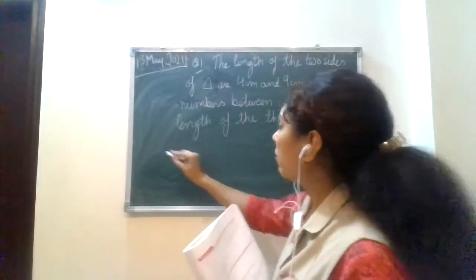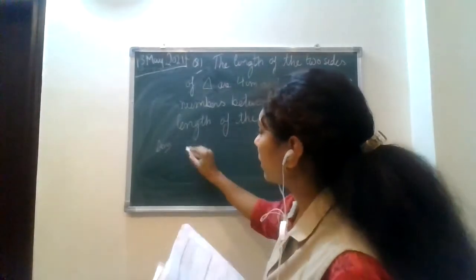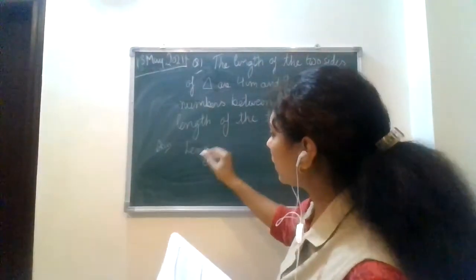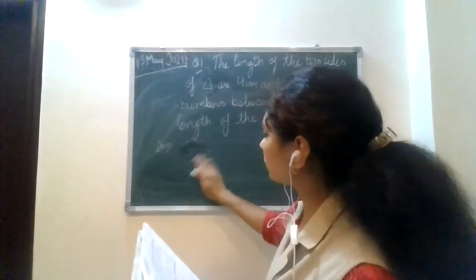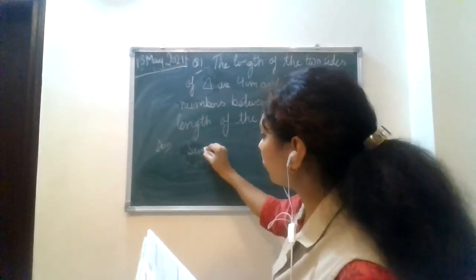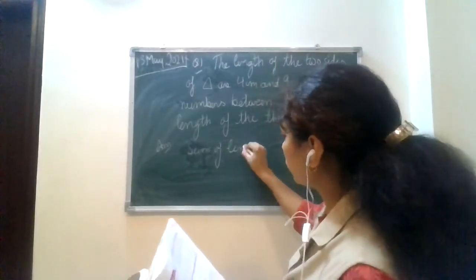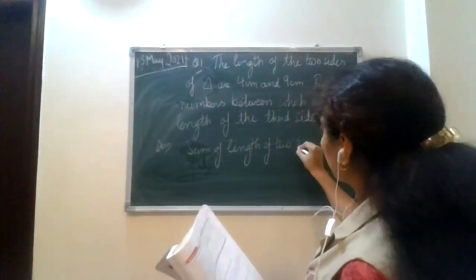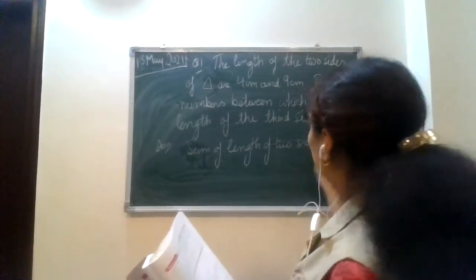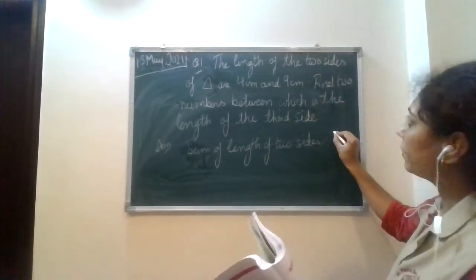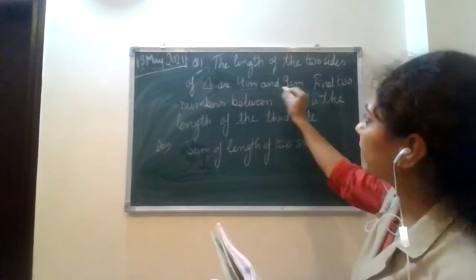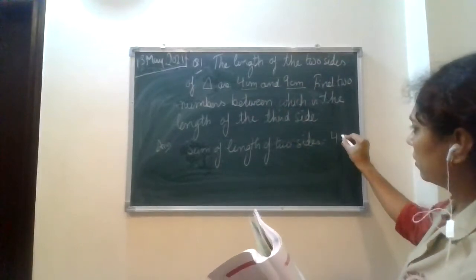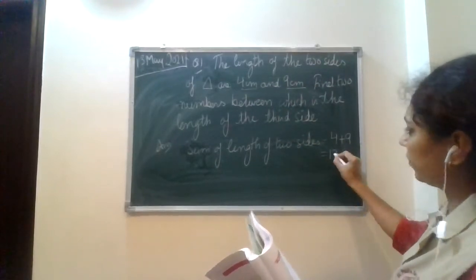In the answer, we will say the sum of lengths of two sides is 4 centimeter plus 9 centimeter. This is 13 centimeter. Fine.